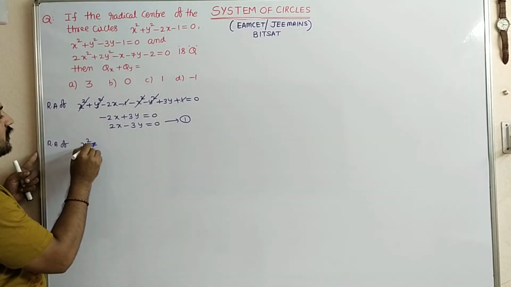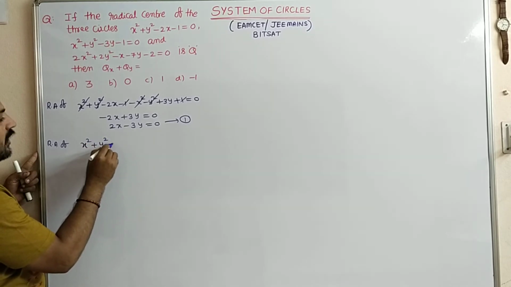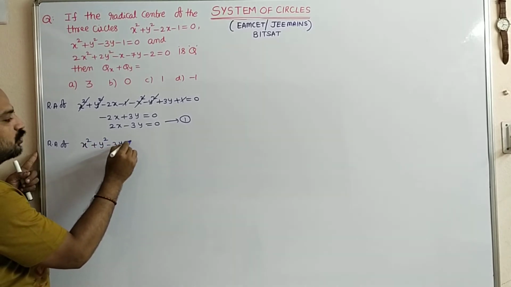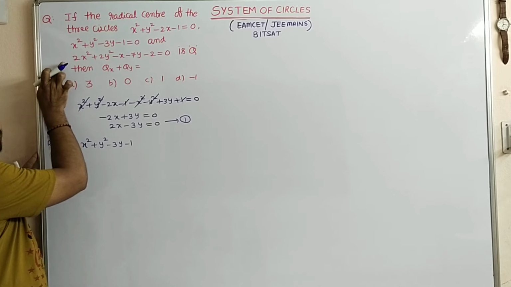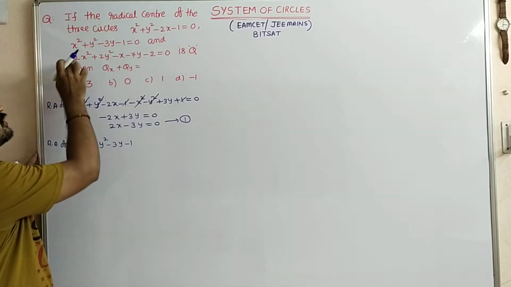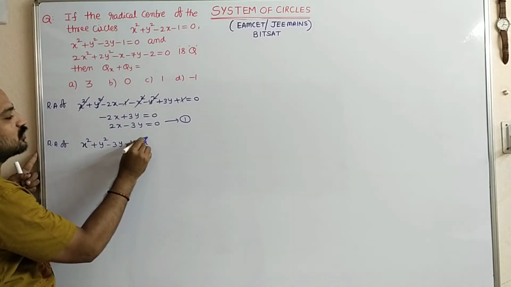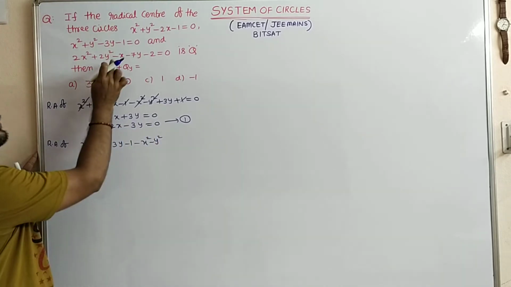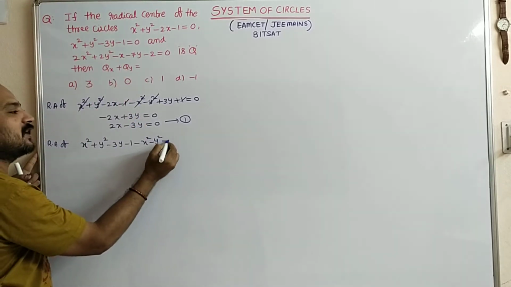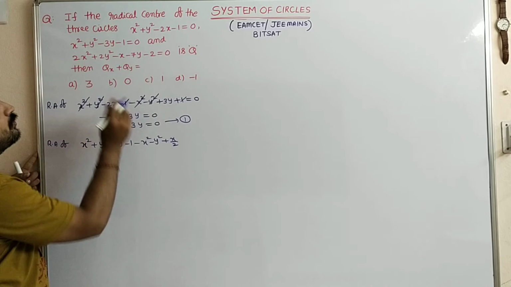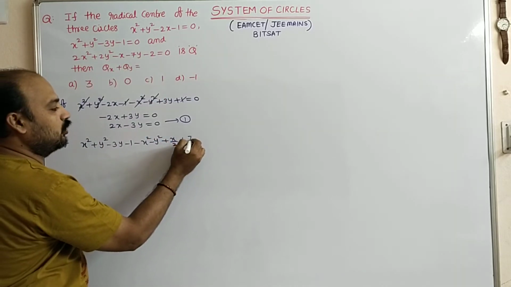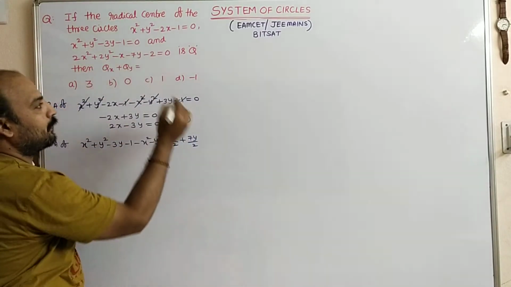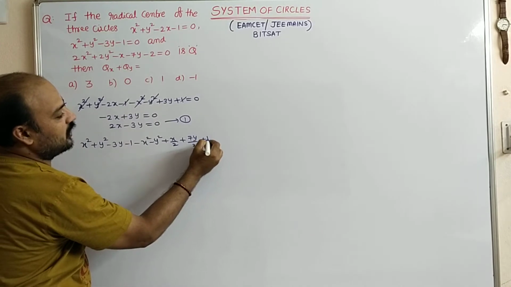So x square plus y square minus 3y minus 1. First convert into general form and then subtract. So x square plus y square minus x by 2, so plus x by 2, plus 7y by 2, plus 1 equal to 0.